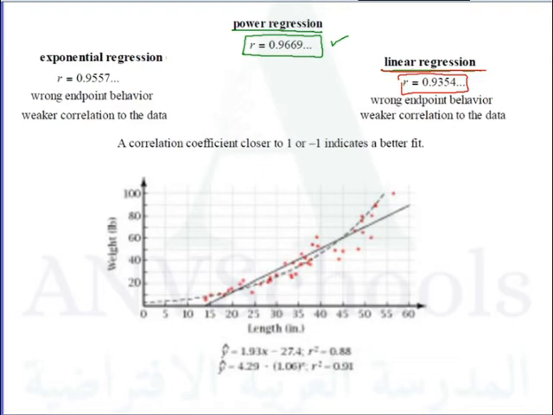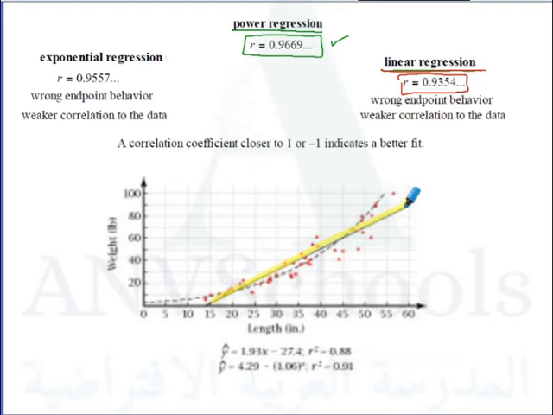Why? Look at the data here. This is your linear regression line.